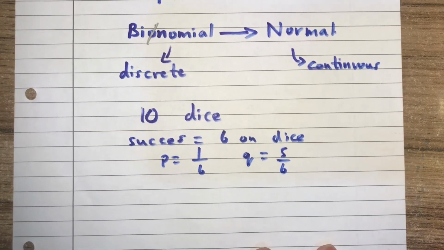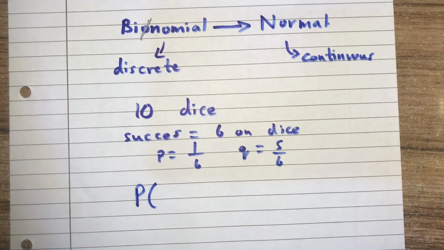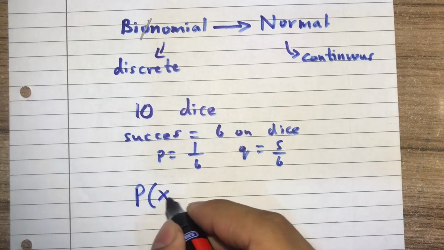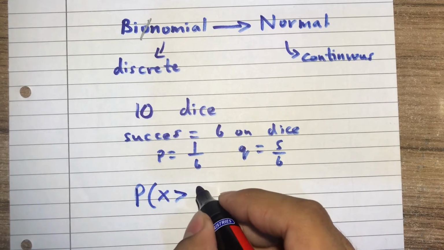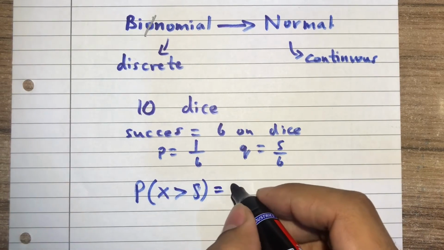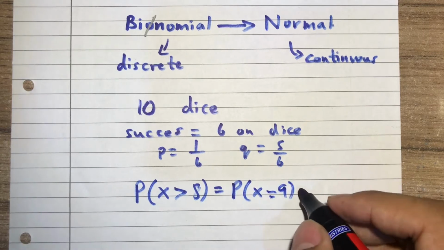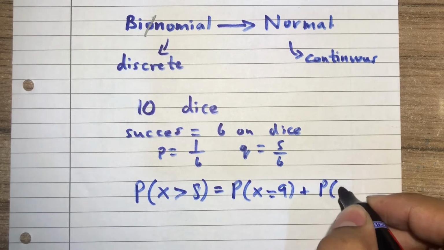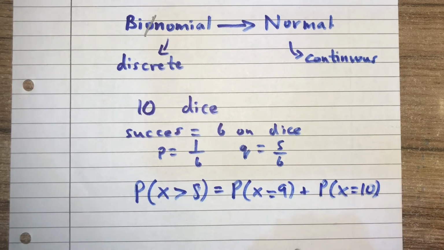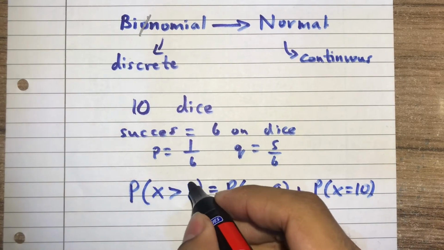Now, if we have to find the probability of there being more than 8 successes, that would mean that there are 9 6s or there are 10 6s. So we'll use the formula for binomial distribution and find the probability for this.